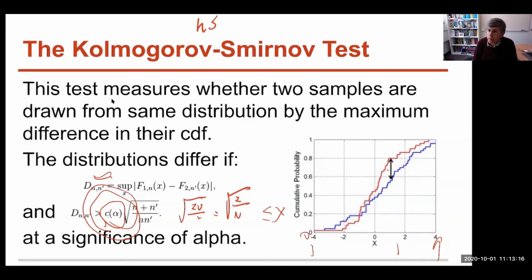I'm agreeing with your premise that if the distributions are the same, the average absolute difference should be small, or should be something bounded. Now can you prove what the right threshold is? That's where I think the challenge is.